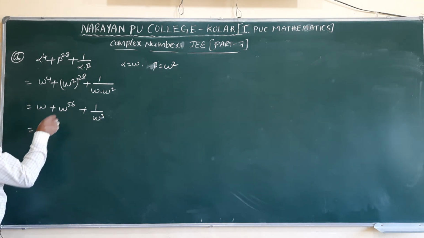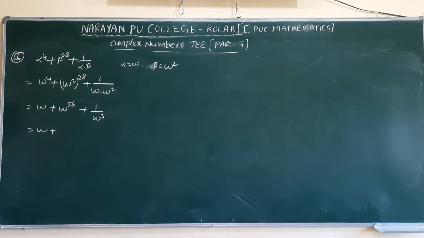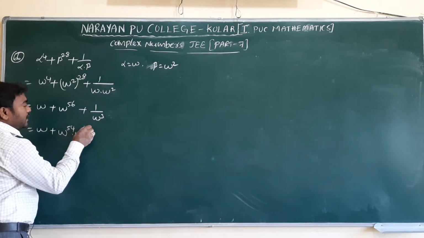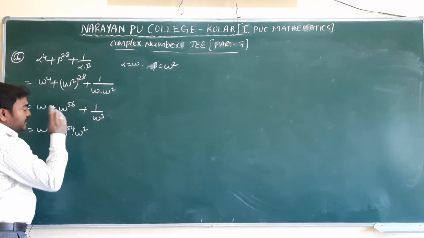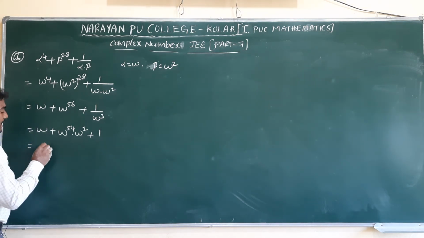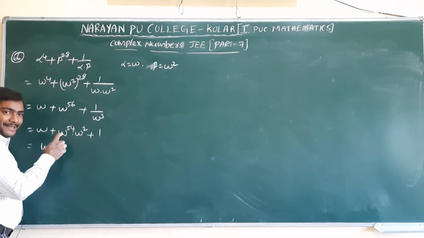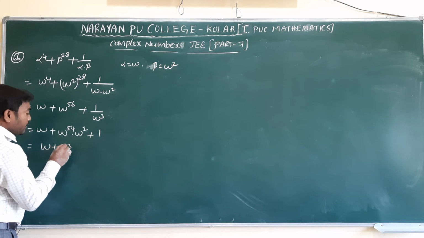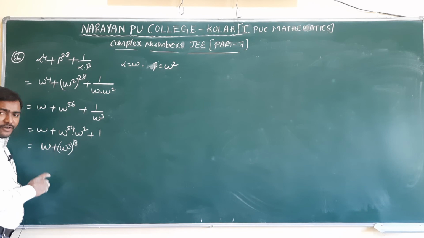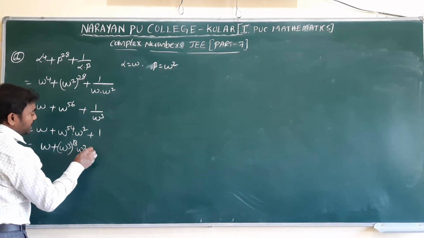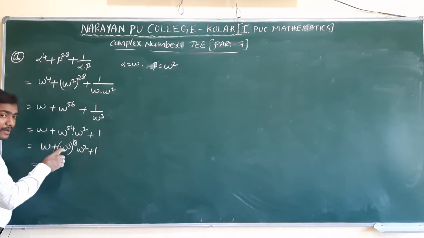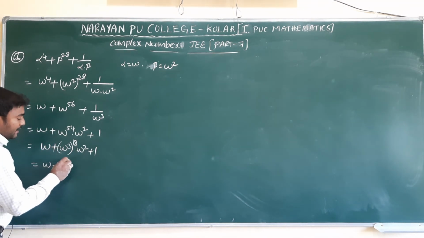So omega plus, it can be written as omega cube whole power 18. Check it: 18 times 3 is 54, into omega square, plus 1. So omega plus 1 power 18, whose value is 1 only, into omega square plus 1.